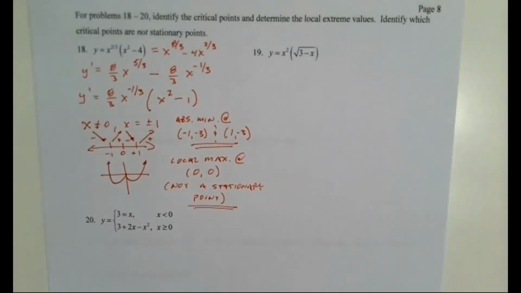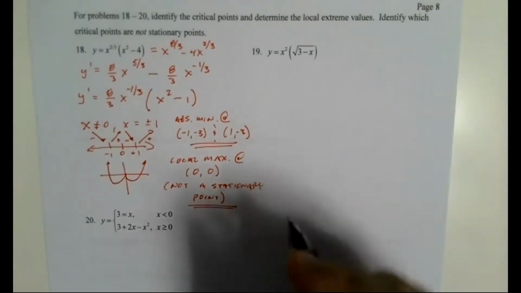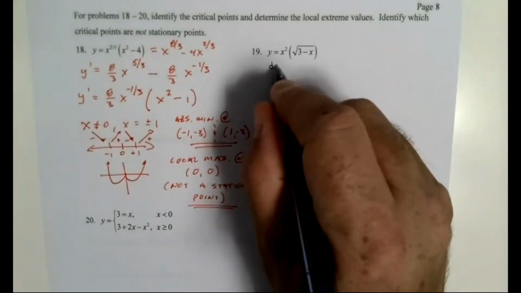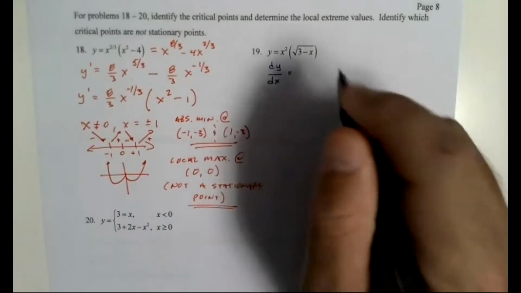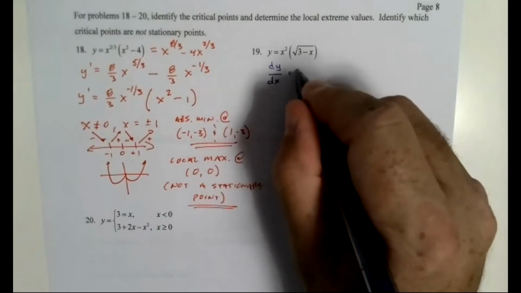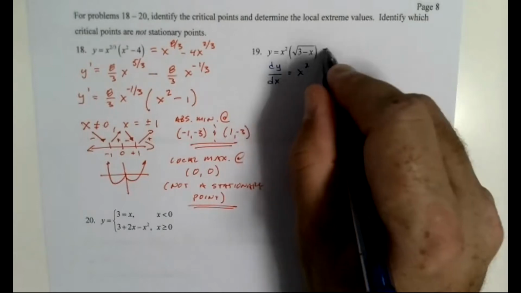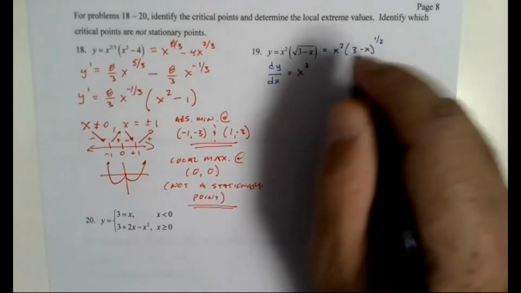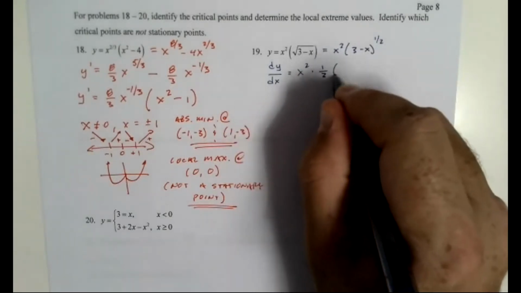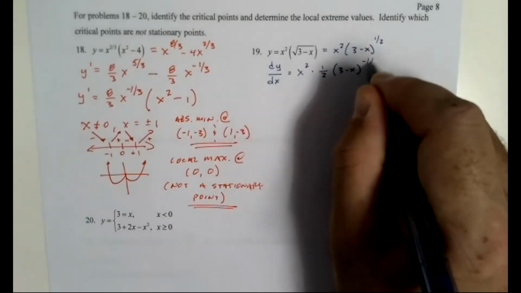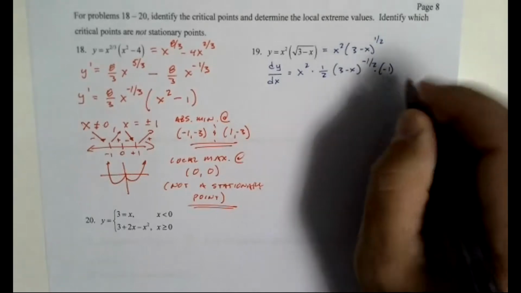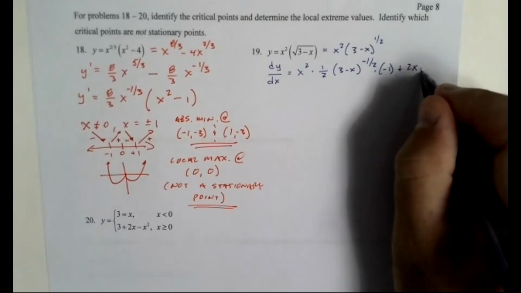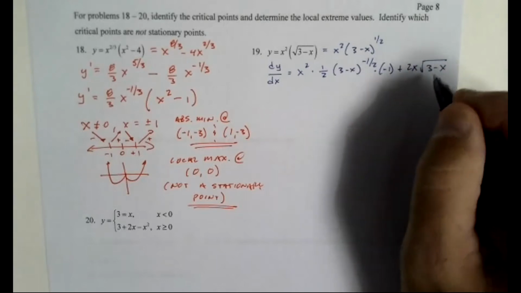Wow, that's a lot going on. Alrighty, off we go. dy/dx equals, leave it, (1/2)(3 minus x) to the -1/2 times -1, plus 2x square root of 3 minus x.